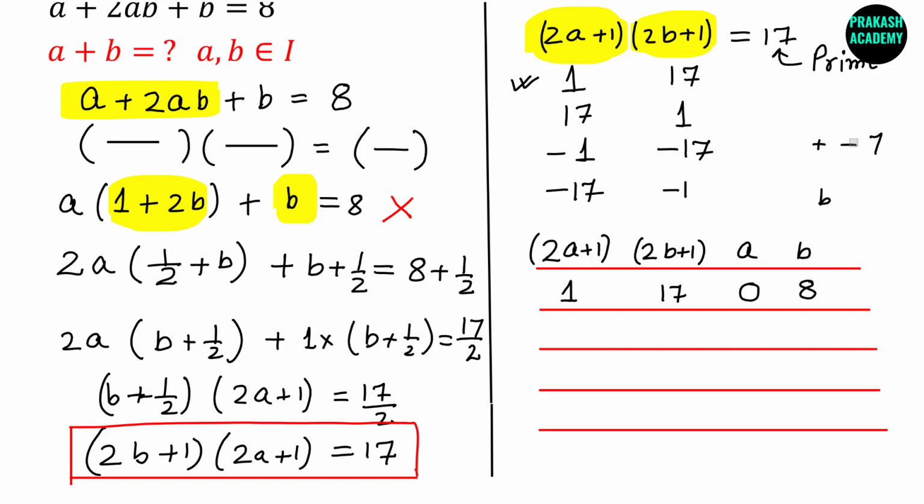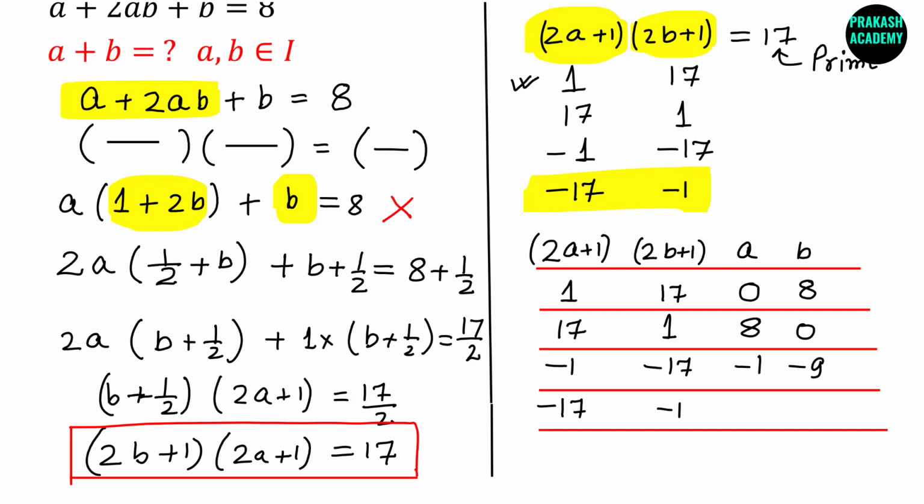Now the second solution, that is 17 and 1. If you solve, we will find a and b are 8 and 0. Similarly, -1 and -17: if you solve, this will be -1 and -9. We also have -17 and -1, that is the fourth one.